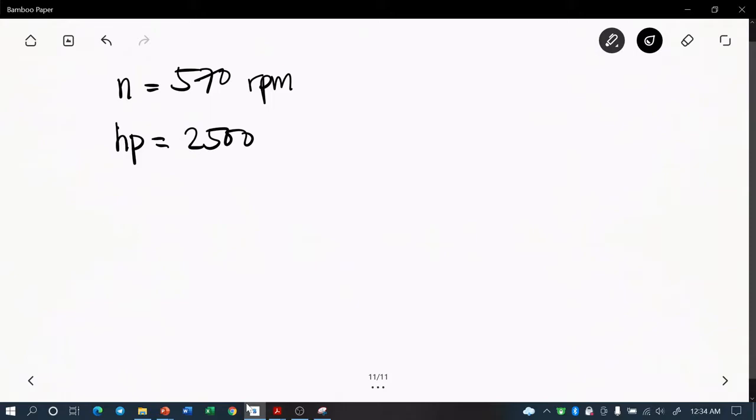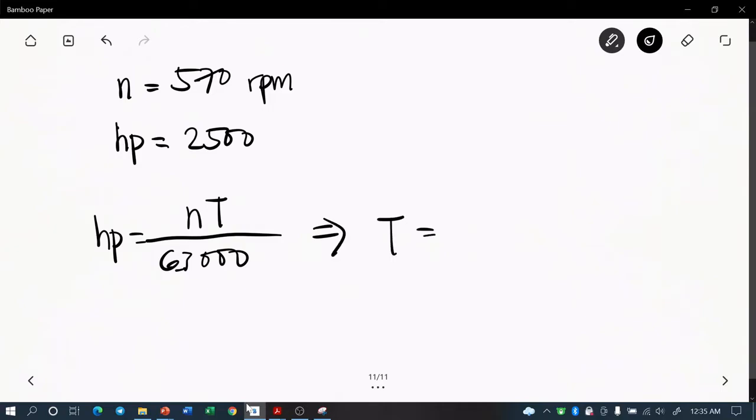From HP is equal to N times T over 63,000, we have an expression for torque as 63,000 HP over N.